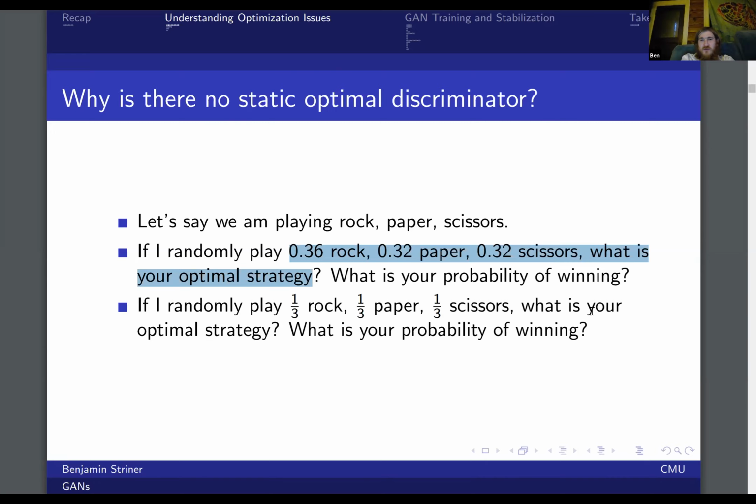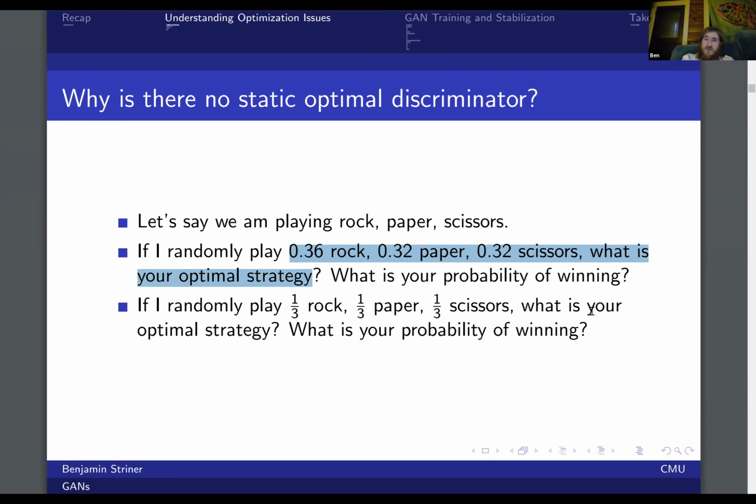So if it's 36% rock and you always put paper, if your response is 100% paper, then you've got a 36% chance of winning, a 32% chance of drawing, and a 32% chance of losing.